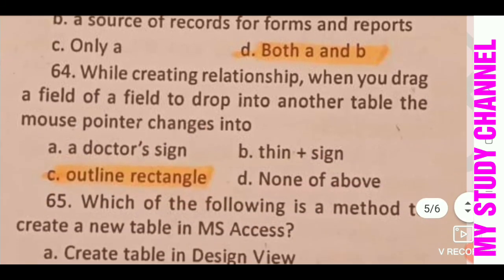Next question is, while creating a relationship, when you drag a field and drop it into another table, the mouse pointer changes to. Here A is dollar sign, B is thin plus sign, and C is outlined rectangle.